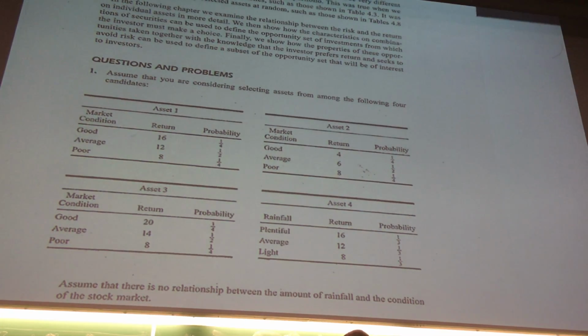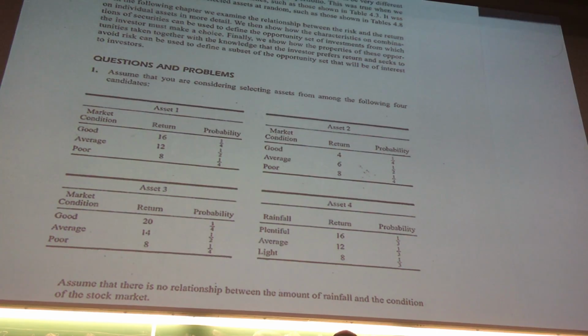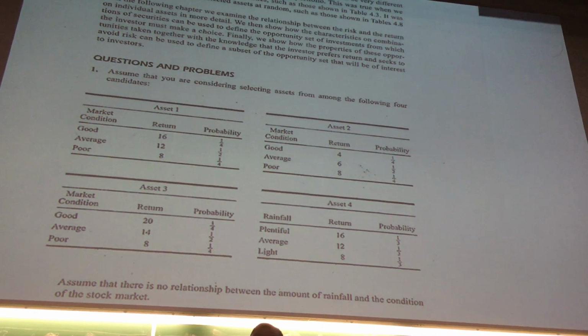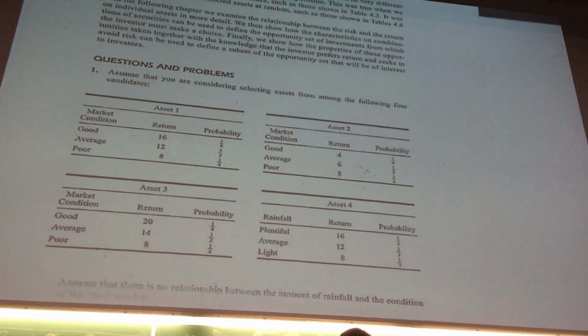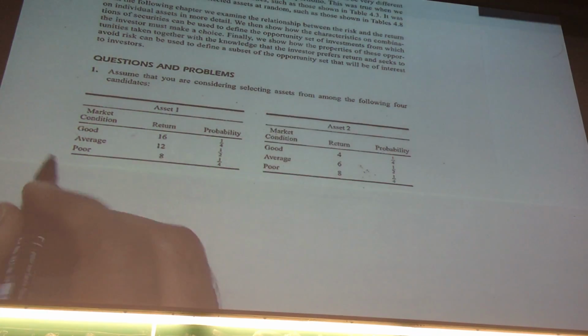The first part is straightforward, all of you can do it. Solve for the expected return and standard deviation of return for each separate investment. So I think that is a simple one. I just show it for asset 1.